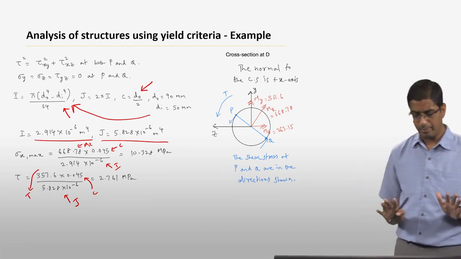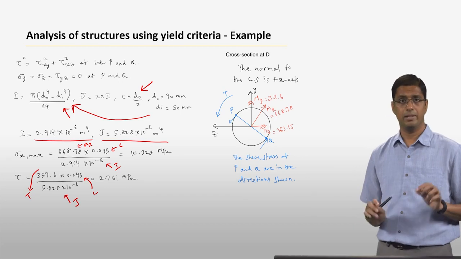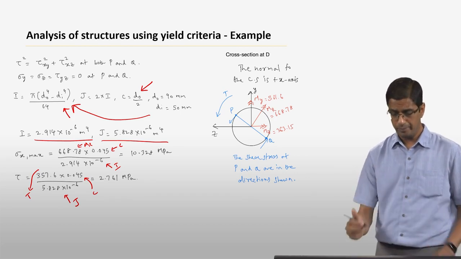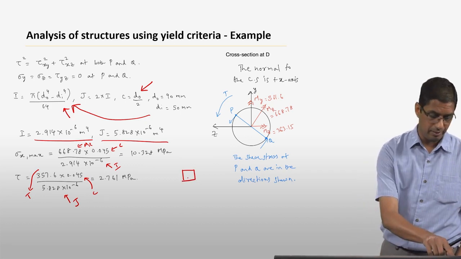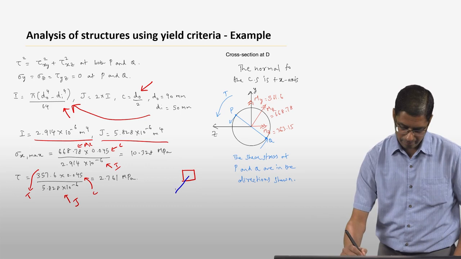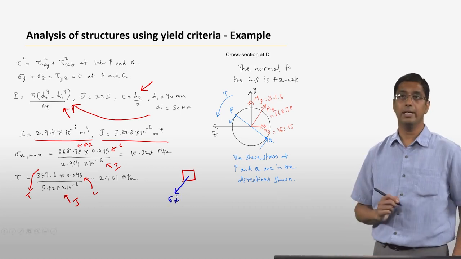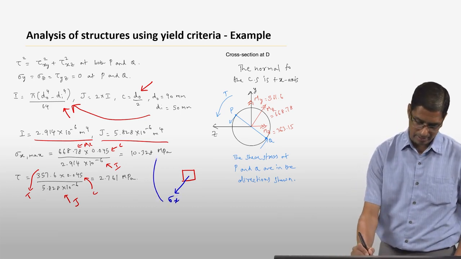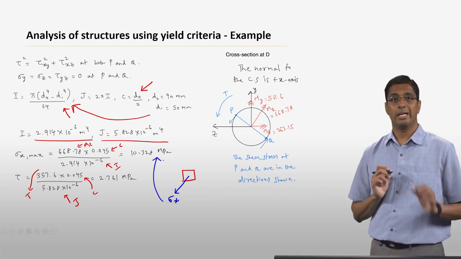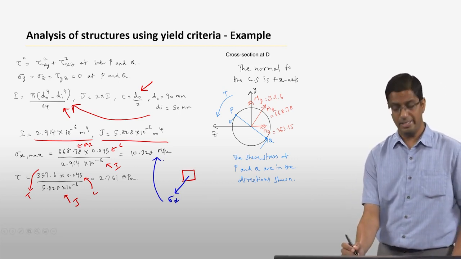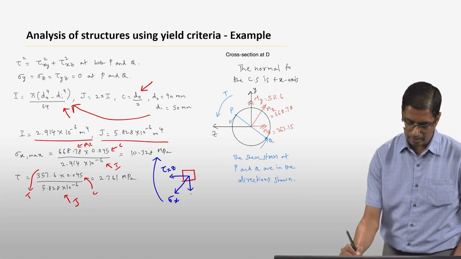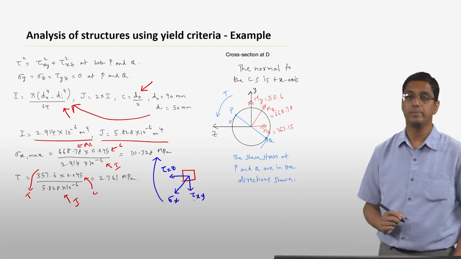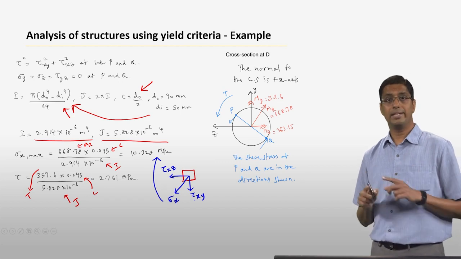Now, I want to take a moment to reinforce something. If you think of the points P and Q, at point P you are going to have a normal stress, sigma x, and the value of that normal stress is that. In addition, you are also going to have a shear stress: there is going to be a tau xz and a tau xy.